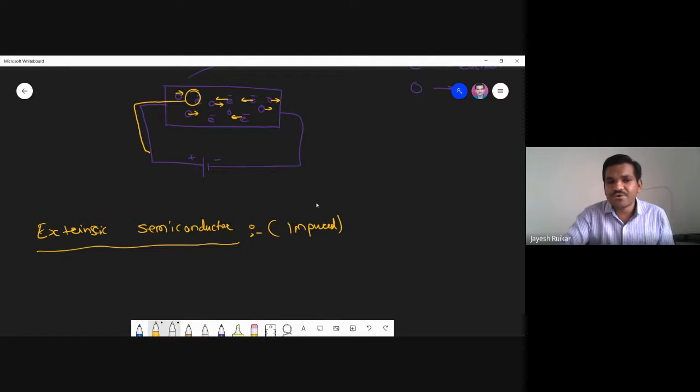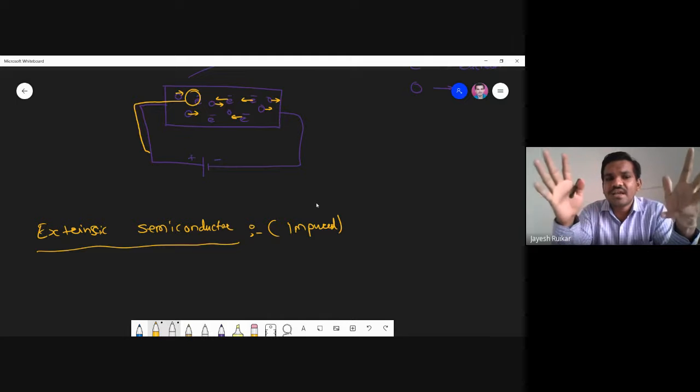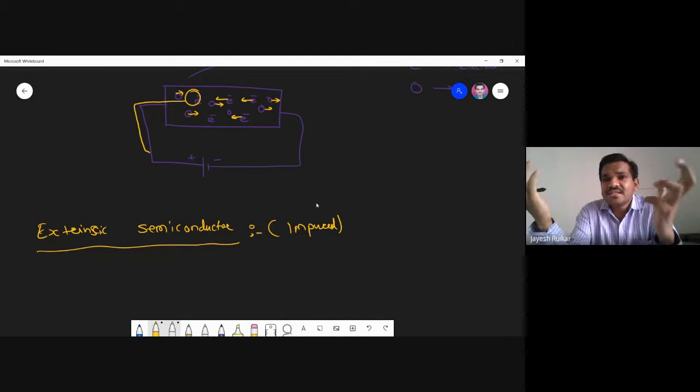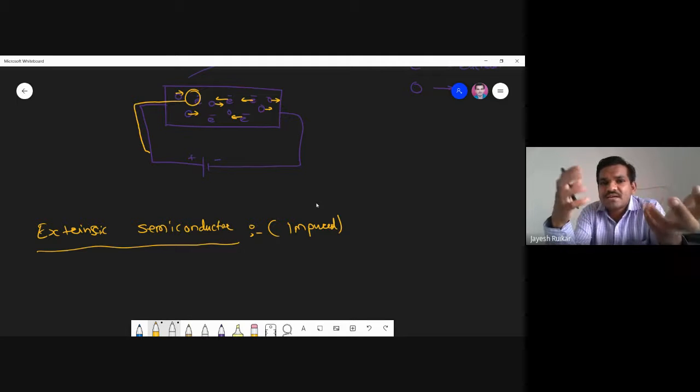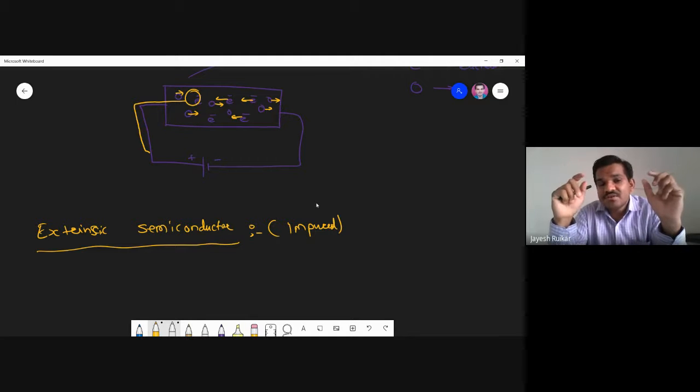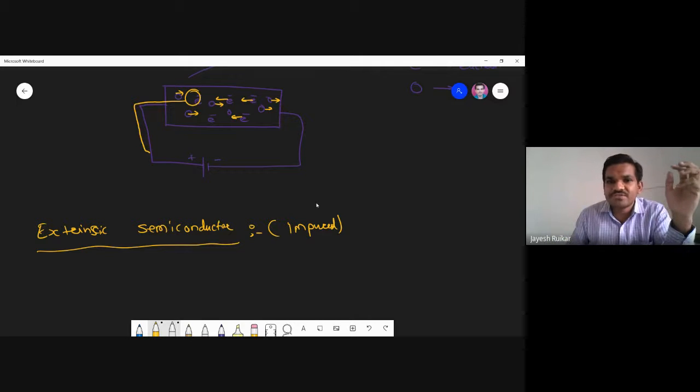In an intrinsic semiconductor material we have holes and electrons in the pure form, and unless we increase the temperature of that slab or give it a potential, they do not start moving. This is not controlled current. In the earlier class I talked about temperature and the number of electrons, and this is the curve we received.